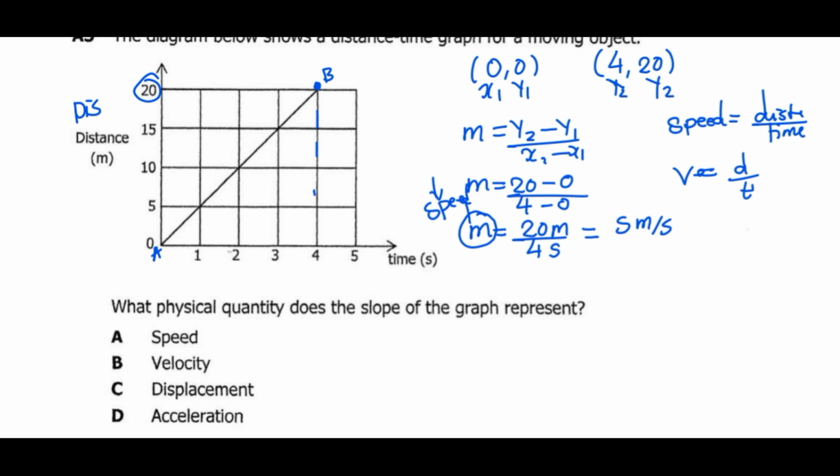Whenever you are dealing with distance here, the physical quantity you are calculating is speed. So the answer here is speed, because speed is distance divided by time, and speed is a scalar quantity. Under speed, we don't mention the direction, we only look at the magnitude.